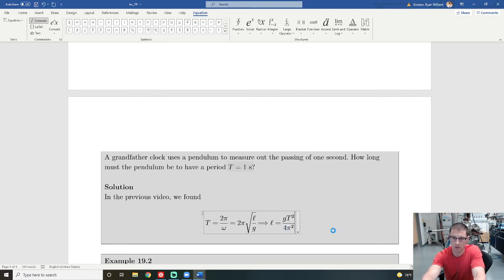And I actually would like to evaluate this numerically just to make sure we get a sensible result, right? So I'm going to do that. Give me 1 second here. And we find it should be approximately 0.25 meters, right?